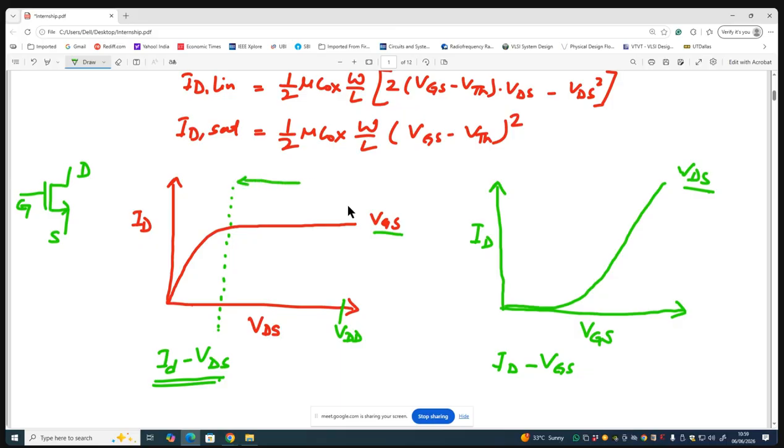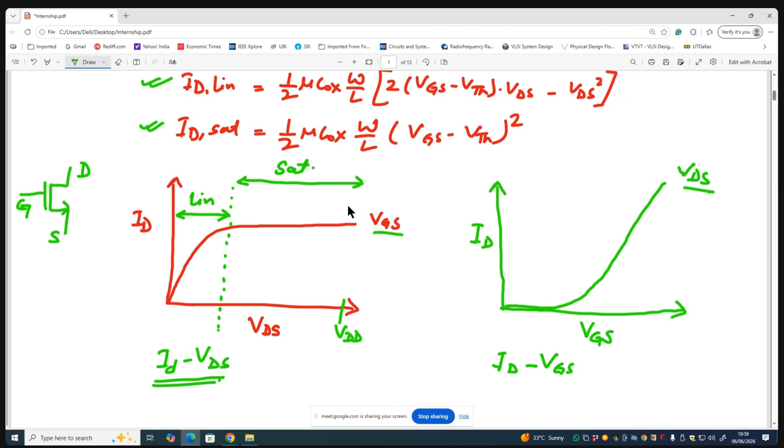You know that this is the saturation region and this is the linear region, right? So in this linear region, the ID-VDS characteristic is captured by the linear current equation, and in this saturation region, the characteristic is captured by the saturation current equation.